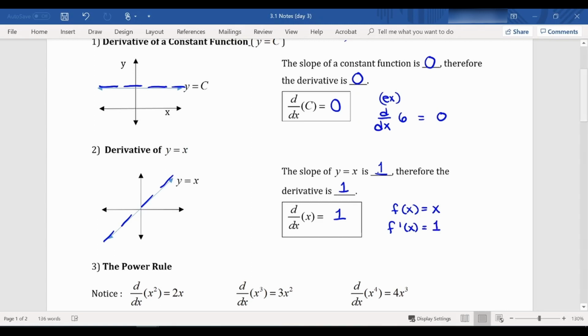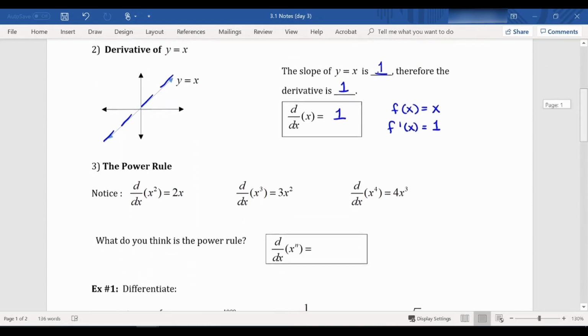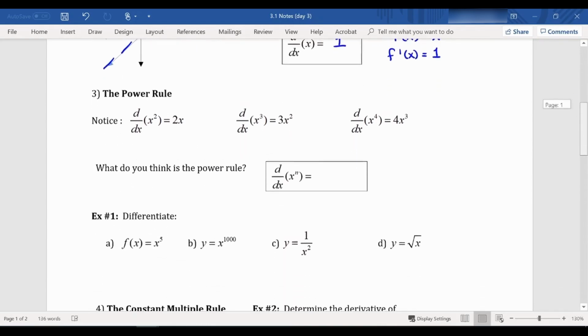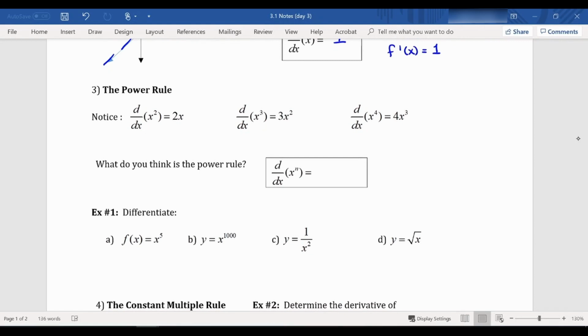Okay. The next one is the power rule. You will use this a lot. So the derivative of x squared is 2x. The derivative of x cubed is 3x squared. The derivative of x to the power 4 is 4x cubed.